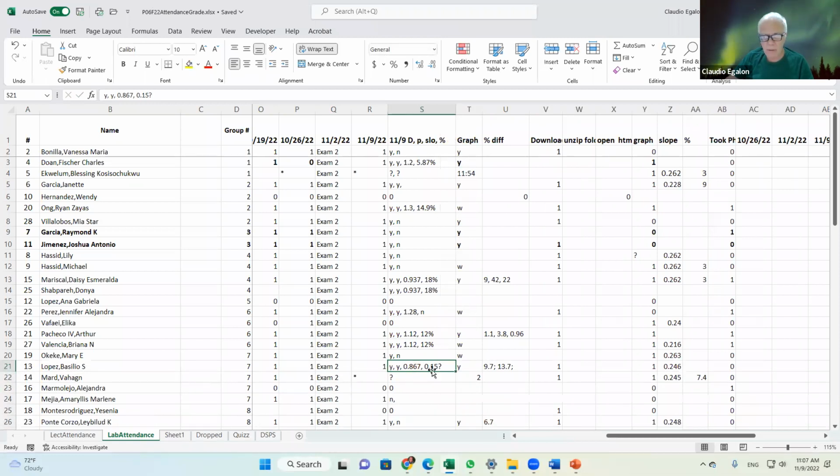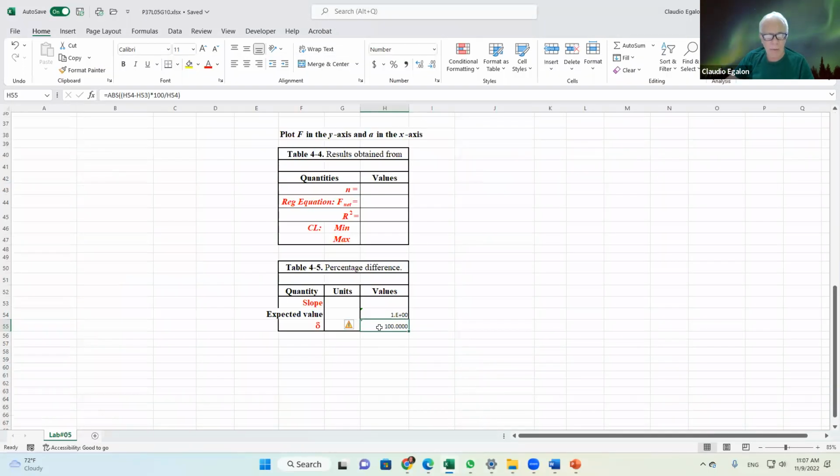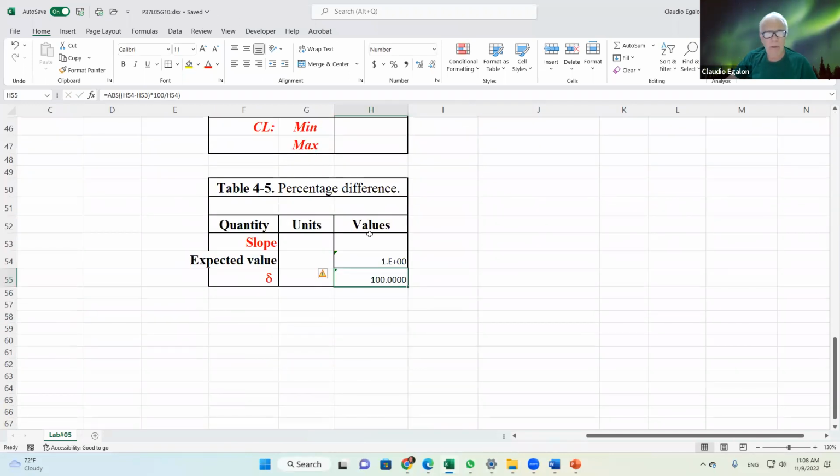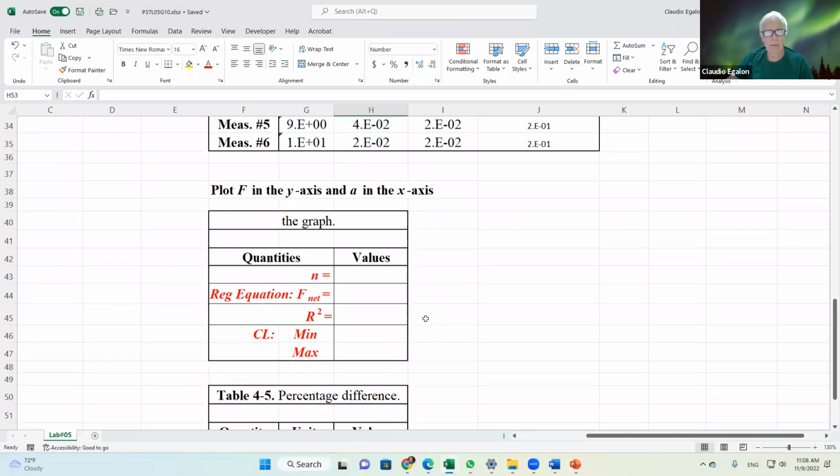No, it's not the R square. I don't want the R square. I want the percentage difference. Okay, the percentage difference you get right here in this cell whenever you type the slope here on table 4.5, the last table. Okay, did you do that? Okay, so here goes.